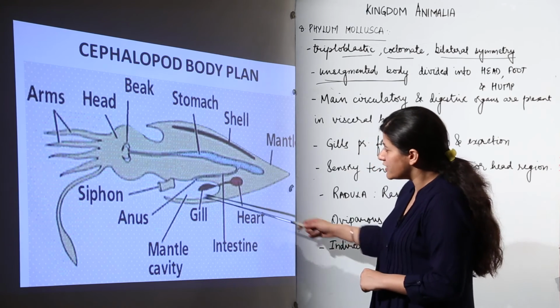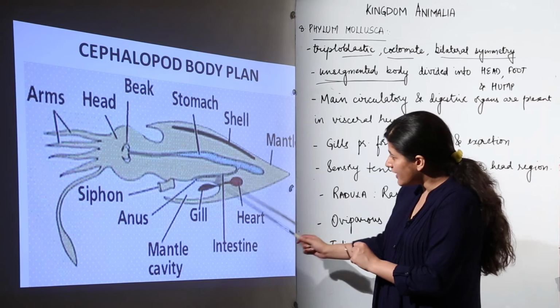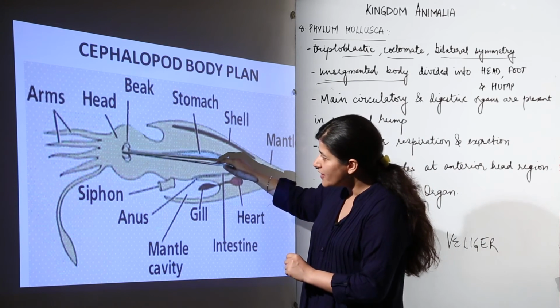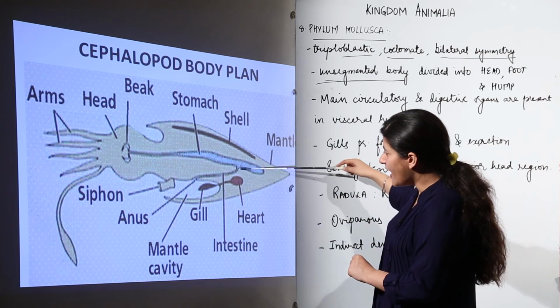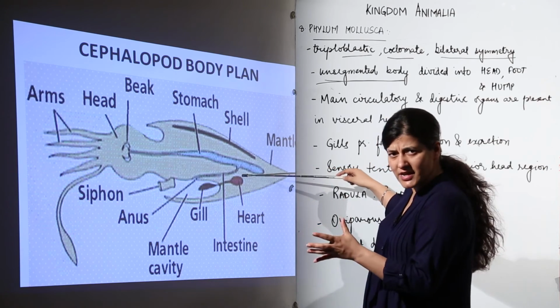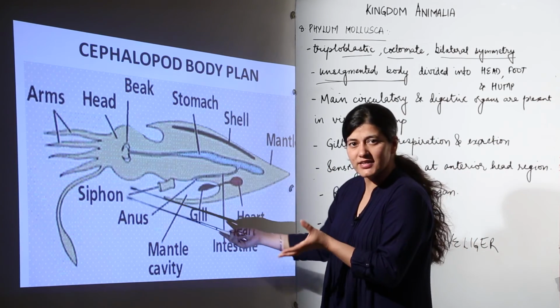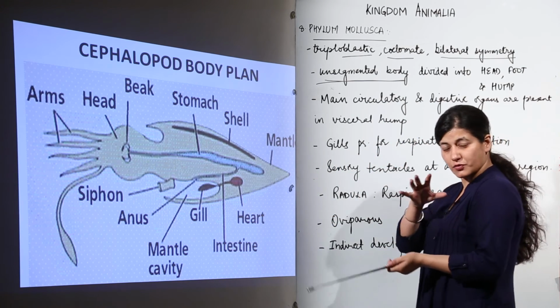What you see over here is that there is no torsion. Torsion has not taken place; the intestine and heart are present, and instead the head lies over here. There is a beak serving as the mouth opening, inside it we have the stomach, and whatever little bit of torsion has taken place is over here. So altogether the cephalopods have a different arrangement as compared to gastropods.